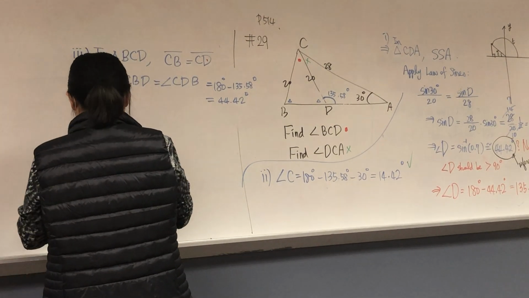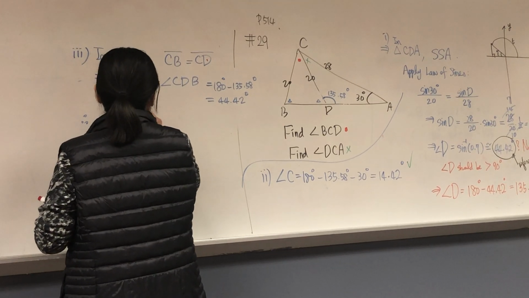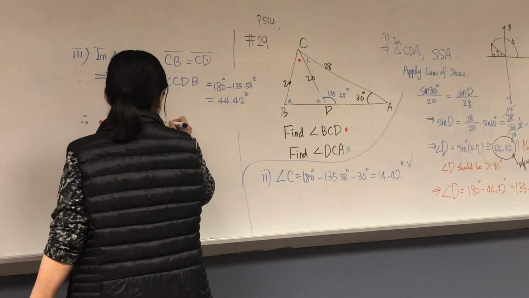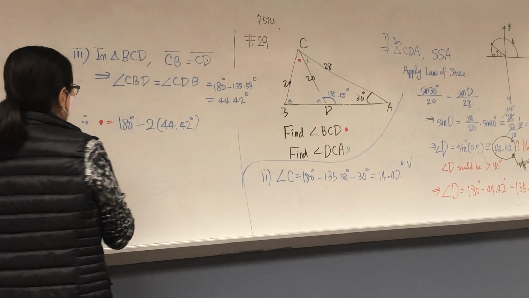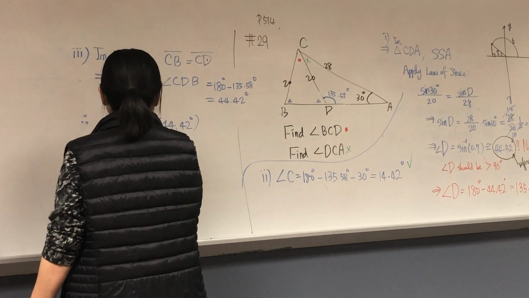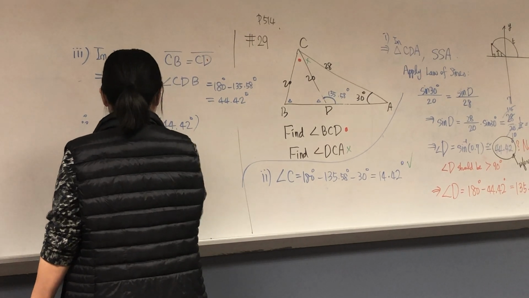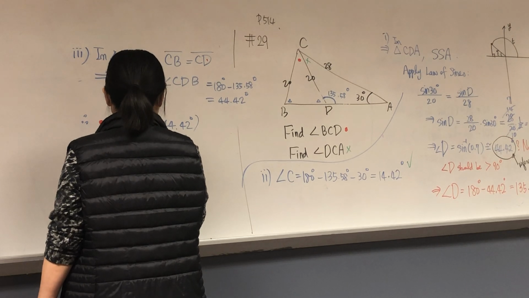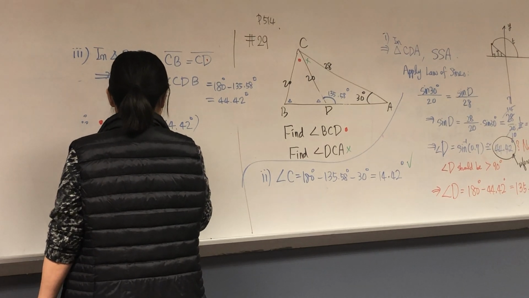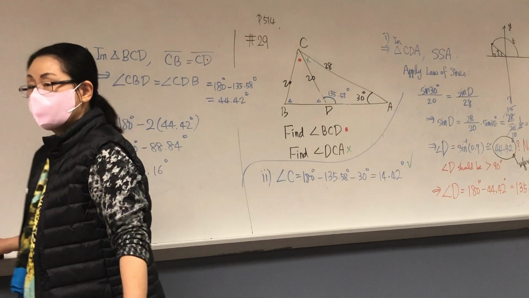Therefore, this angle is 180 minus 2 times 44.42, which is 180 minus 88.84, so 91.16. Good. So that's your answer.